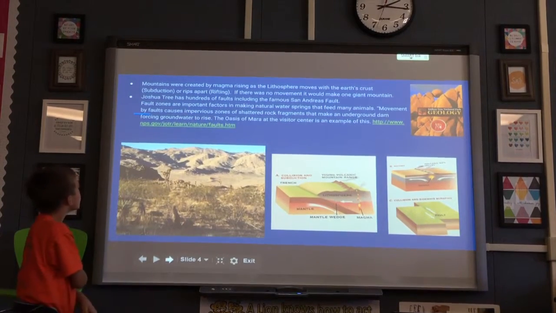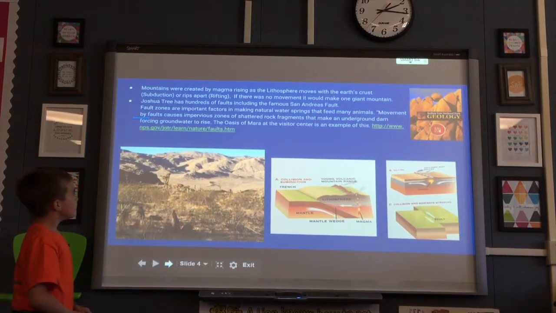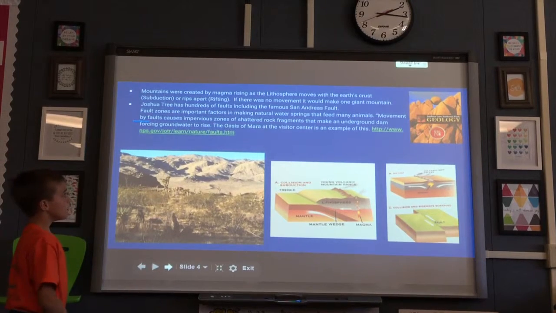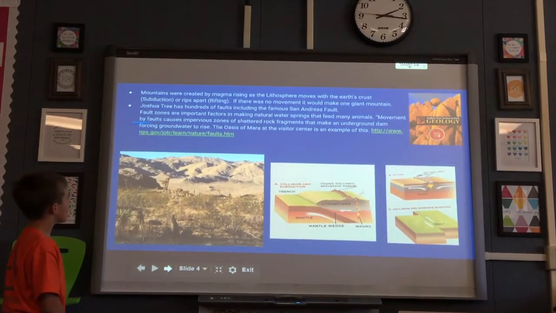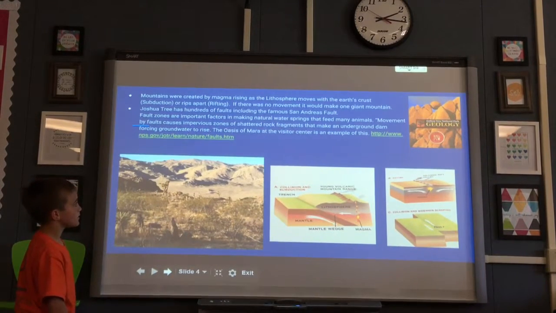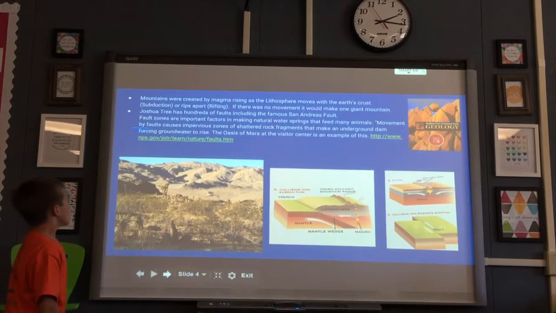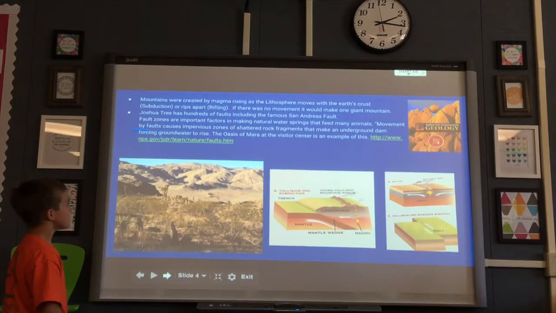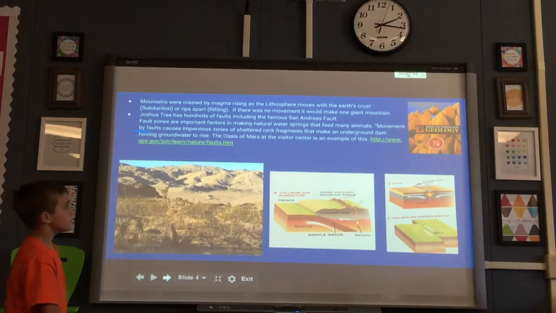And fault zones are really important because fault zones make natural water springs and feed many animals. And movement by faults cause impervious zones of shattered rock fragments that make up an underground dam, forcing groundwater to rise. The Oasis of Mara at the Visitor Center is an example of this.